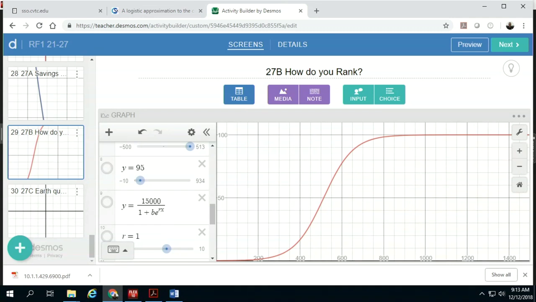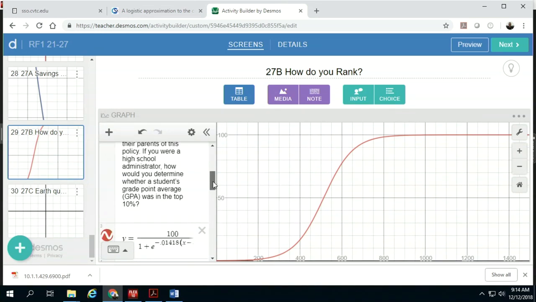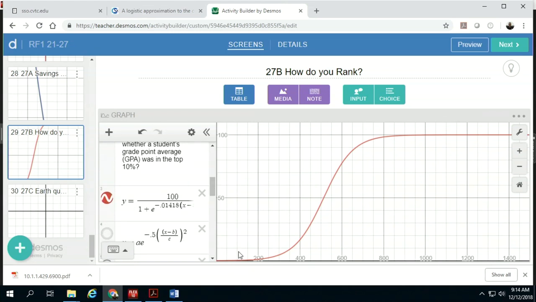Now, so this is our formula. This is the graph of all of those different x's. So if you were in the first percentile, you'd be down here somewhere in the less than 200 range, right?